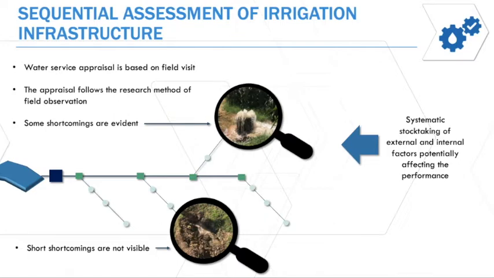For example, if the buried pipe is cracked underground, it's difficult to recognize it by simple observation. Therefore, the compiled survey of the water service chapter helps users to better scrutinize each part. Consequently, the water service chapter is a systematic stock-taking of external and internal factors potentially affecting the performance.